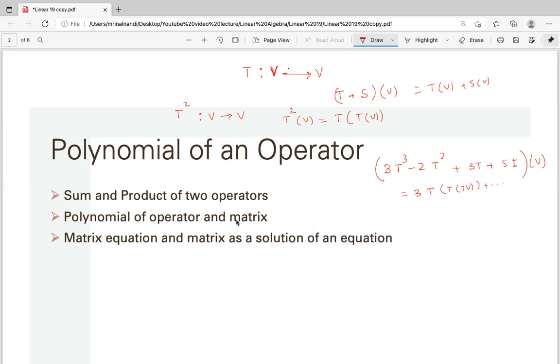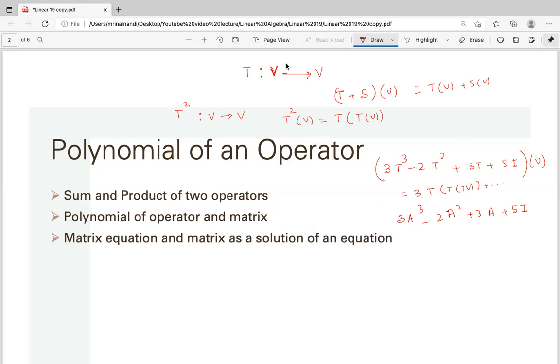But what is a polynomial of a matrix? Again, same thing. We know what is 3A cube minus 2A square plus 3A plus 5I. Now if V is a finite dimensional vector space and we have a fixed ordered basis, then there is nothing different between a linear operator and an n cross n matrix.